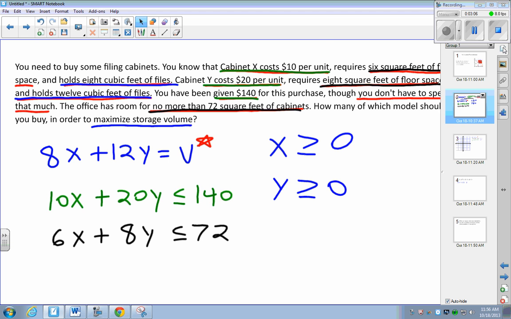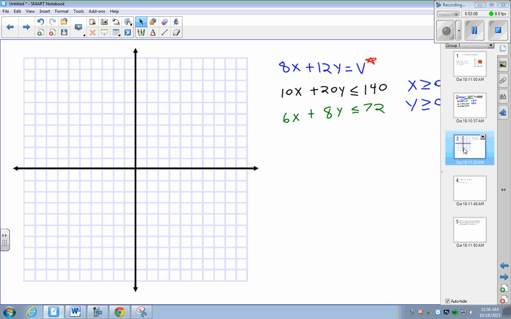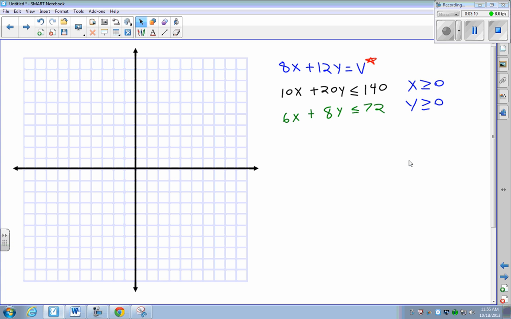Okay, so now let's represent this graphically. So I put our system of inequalities on this page, and now what I want to do is set Y by itself for our black inequality and our green inequality.